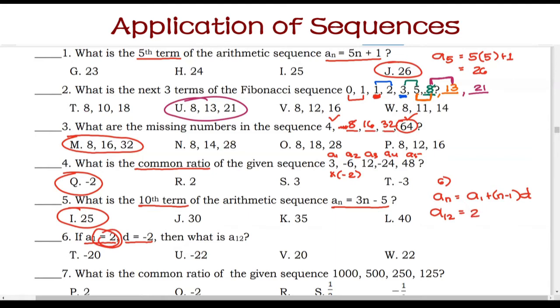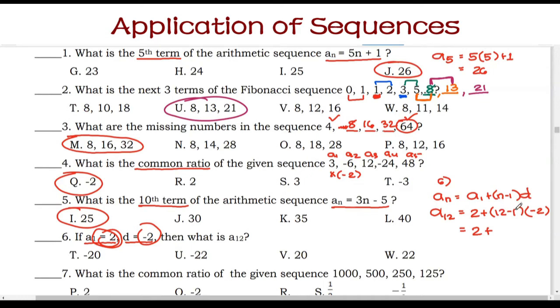So 2 plus, what is n again? 12 minus 1. Okay? Times, what is D? It's also given. D is negative 2. So negative 2. Okay? So we simplify. We have 2 plus, what is 12 minus 1?